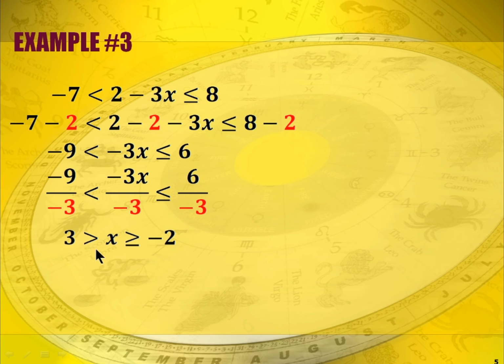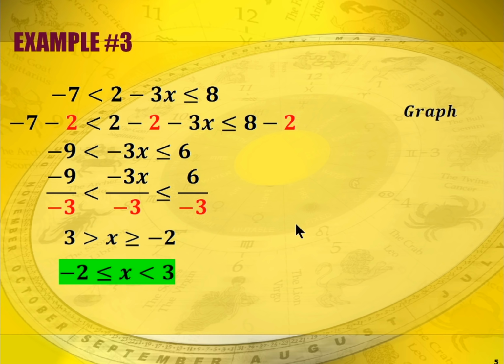Alright? Okay. Now, since negative 2 is smaller than 3, it is proper that we place negative 2 first, and then the higher number is to the right. So we have x is greater than or equal to negative 2 but less than 3. This is the standard way to write the solution set.